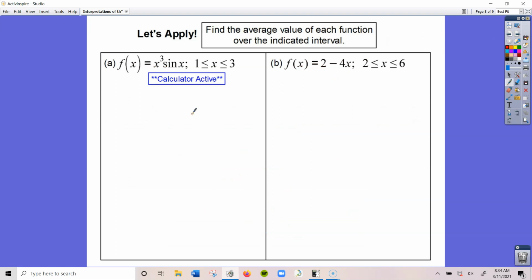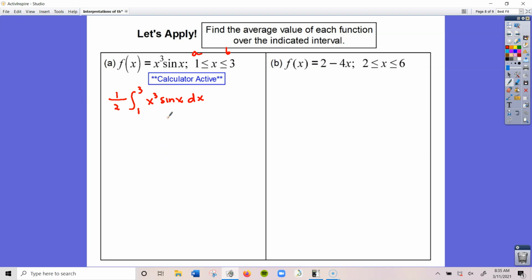This first one is calculator active, and if we want to find the average value of each of these functions over the interval, we're going to set this up. This is A and this is B. So 1 over B minus A is 1 over 3 minus 1, which is 2, times the integral from 1 to 3 of x to the third times sine x dx.